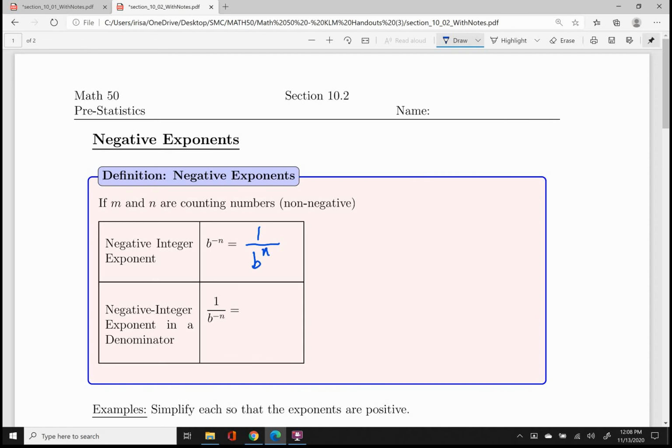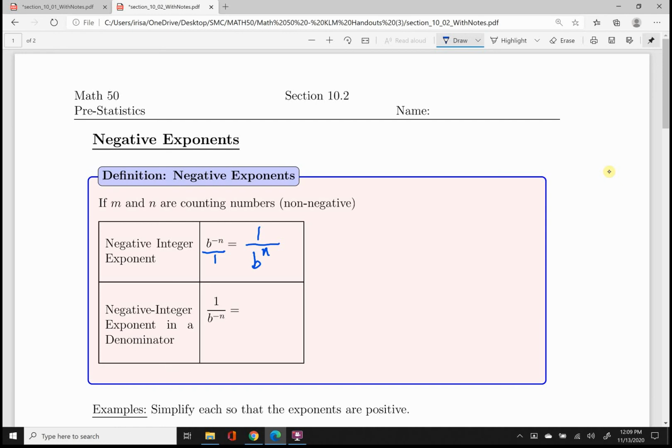So the way that I think about it is, if you see negative exponents in what I would perceive to be a numerator space, because this b to the negative n power can be written as over a 1, right? So the b to the negative n, technically, as I like to say, is in a numerator space. You can pluck away the negative sign and throw it in a denominator space.